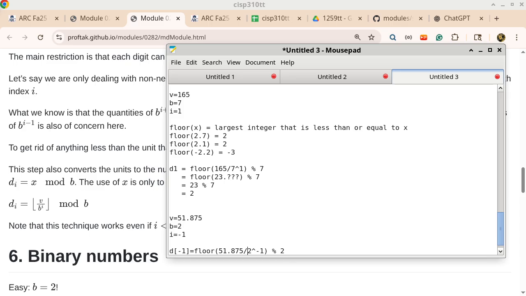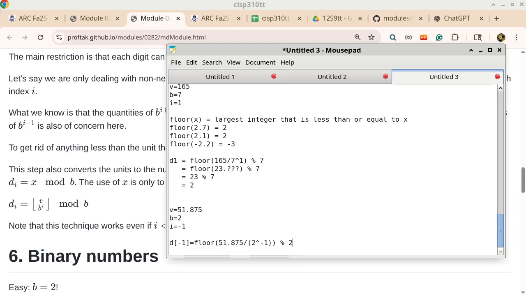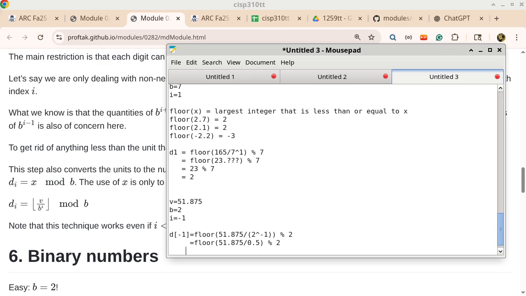Just to be really clear, the whole thing is in the denominator of the division. So we'll do this step by step. This is 51.875 divided by 1/2 or 0.5. Dividing by half is the same as multiplying by 2.